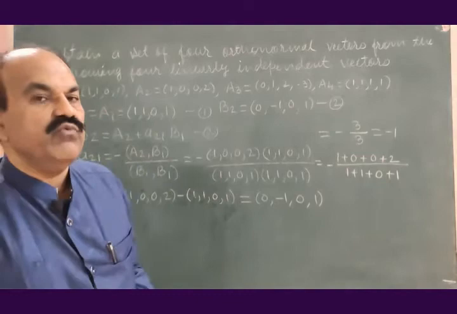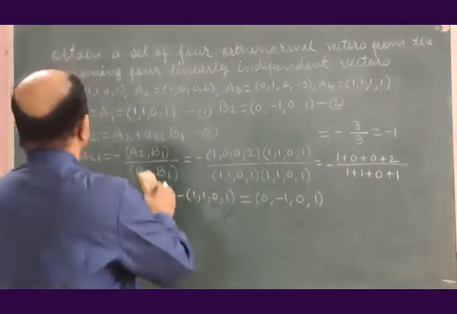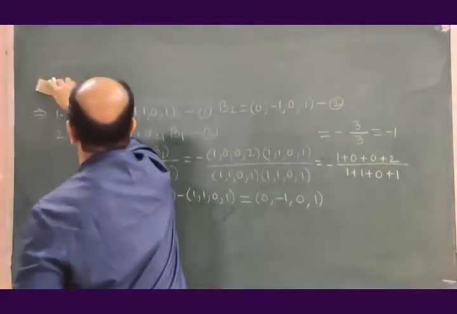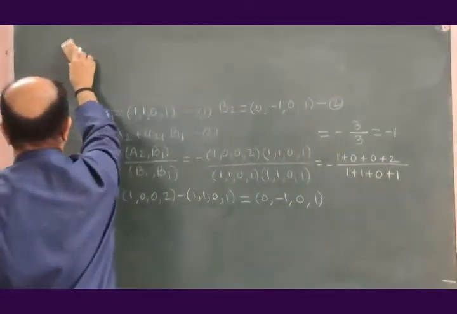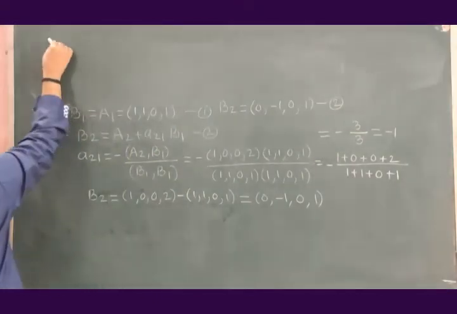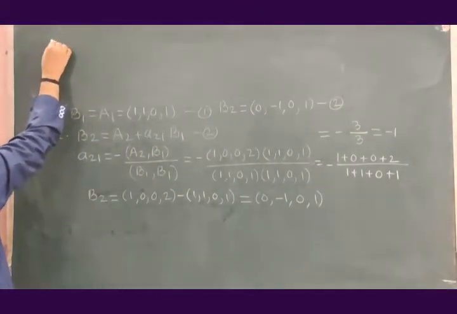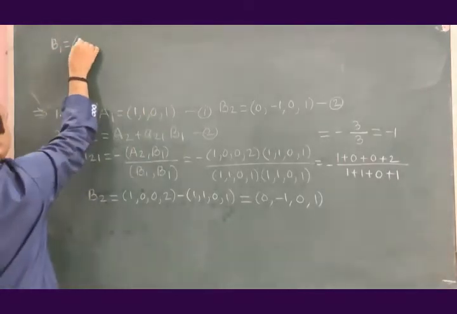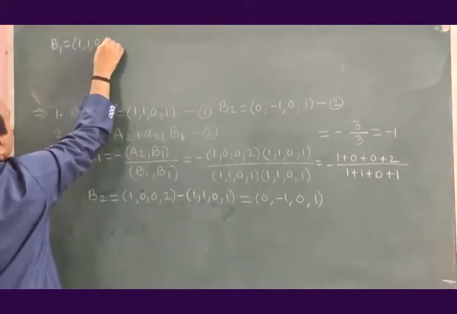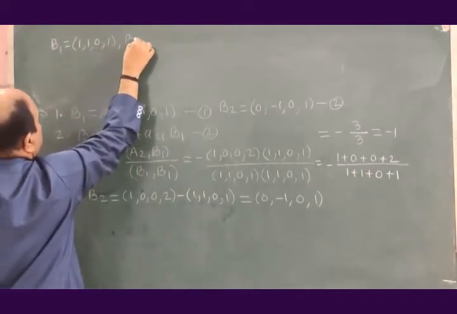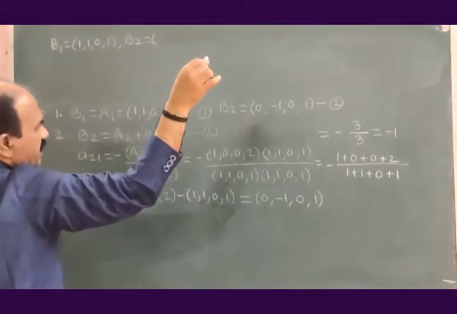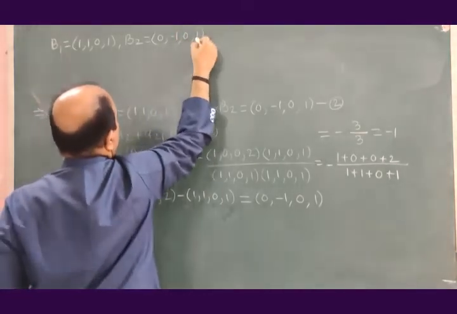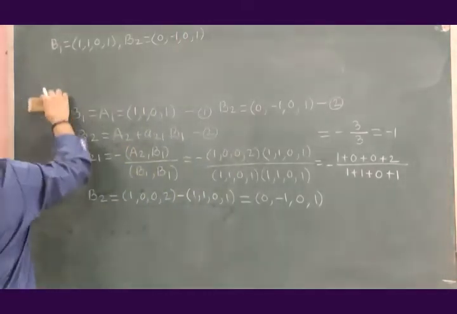After that we need to find B3. So let me put B1 here, (1, 1, 0, 1). B2 here, that is (0, -1, 0, 1). And now step number 3.